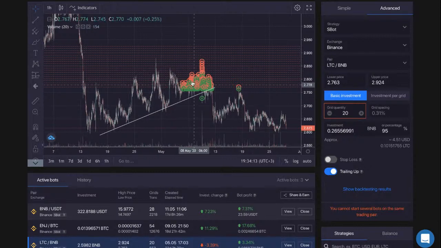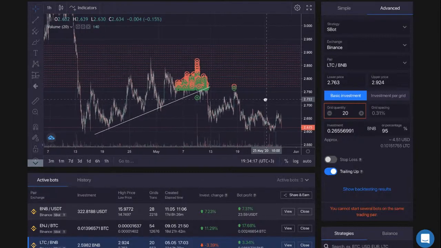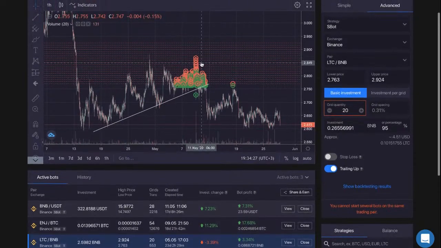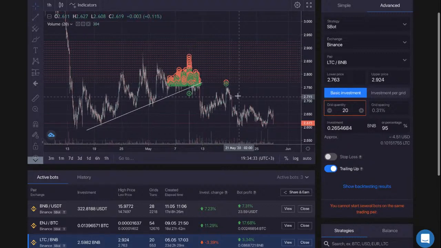But what happened is that it managed to break the support level and go even further downwards, right to the very bottom of the price. And I got stuck with all of my trades here because I didn't have a wider trading zone to capture all of the price action here.